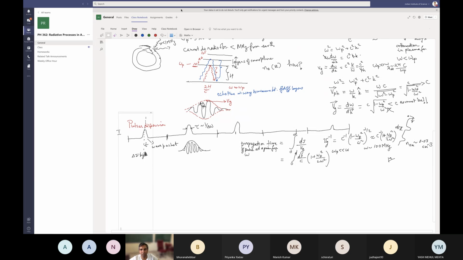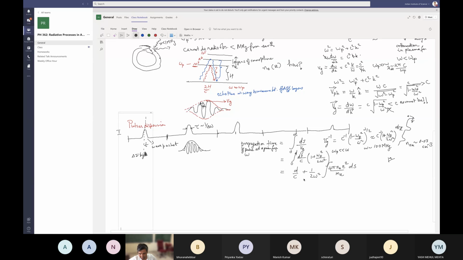Okay, so this is equal to d by c. The first term just gives you the distance divided by the speed of light, plus 1 by 2 omega squared. Omega squared, if you recall, is 4 pi n_e e squared by m_e.